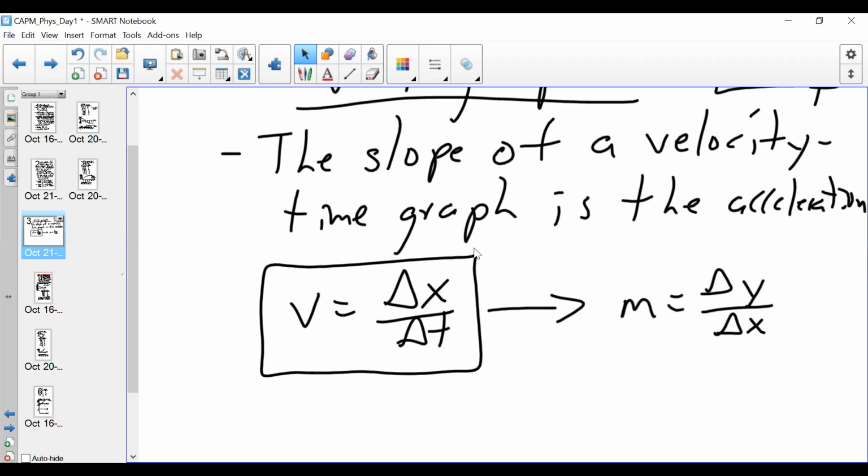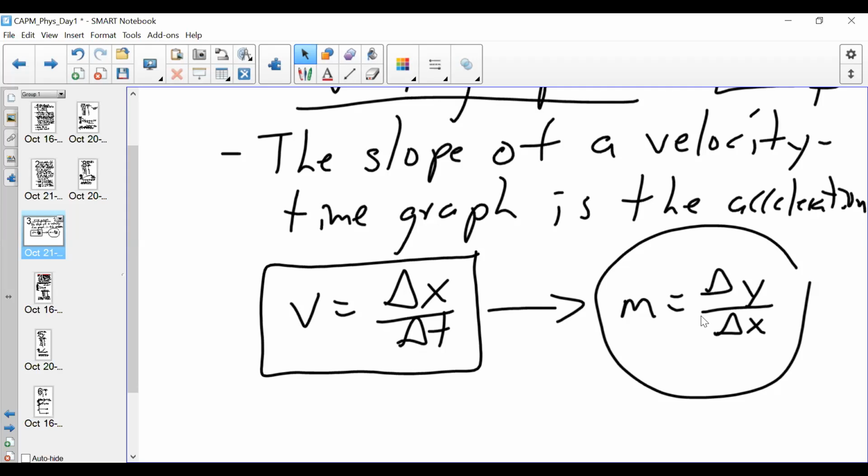Every time you see a division, that's a slope. Every time. Because it's a derivative of this idea. You get that? Do you see that? Yes. This is why we say what we say.